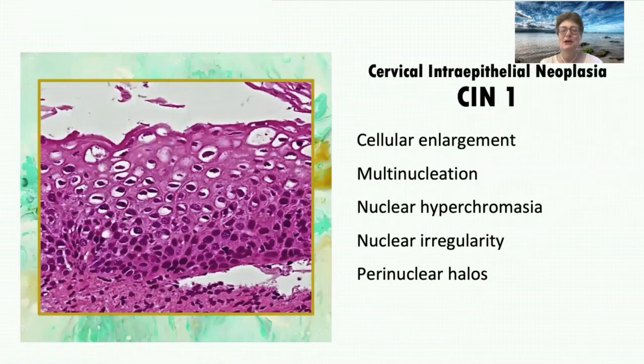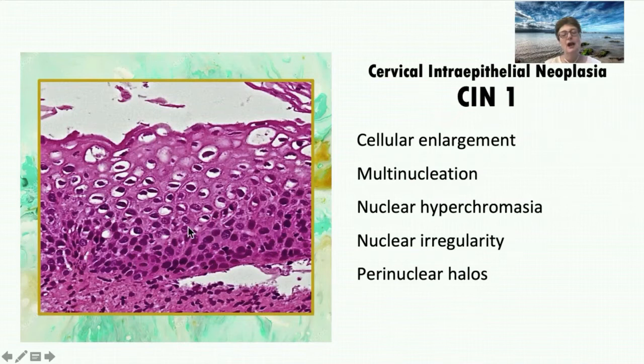Let's move on to think about cervical intraepithelial neoplasia. The lowest grade of this, caused by HPV, is CIN1. In CIN1, we lose the nice regular basal cell line that we get in normal epithelium, and here they become of increased thickness and of larger size.